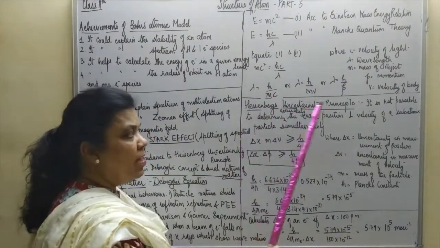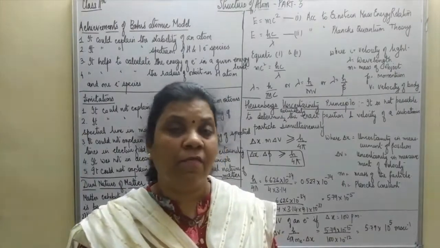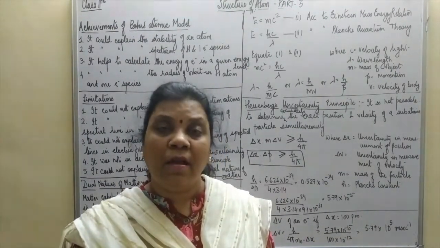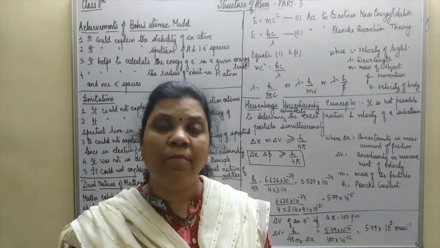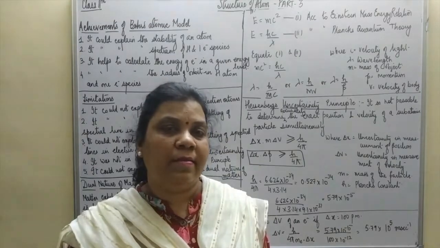So, this is Heisenberg uncertainty principle, which says that it is very difficult for us to measure accurately and correctly the position and velocity of a subatomic particle simultaneously.